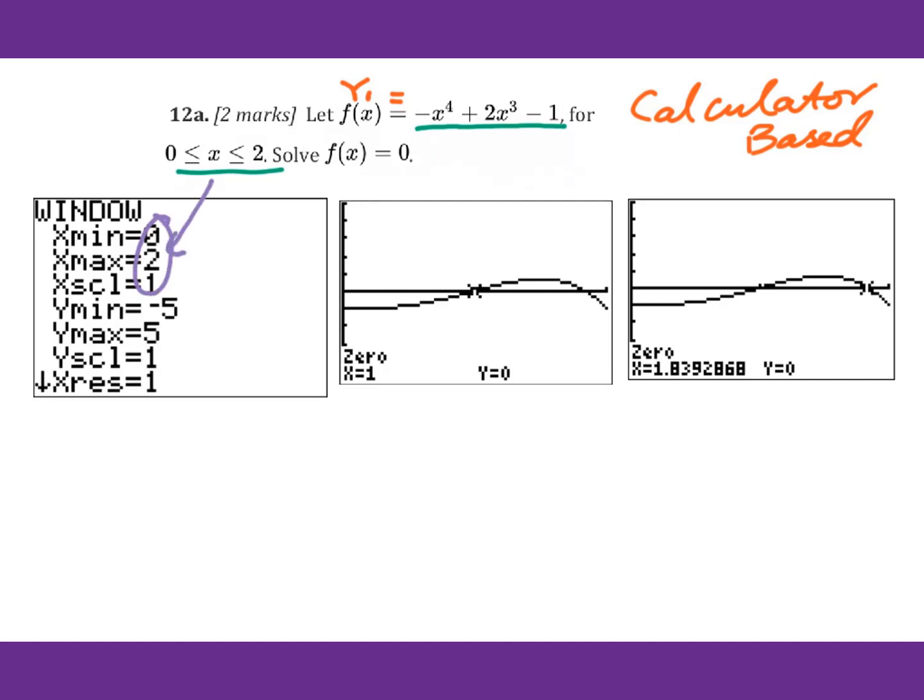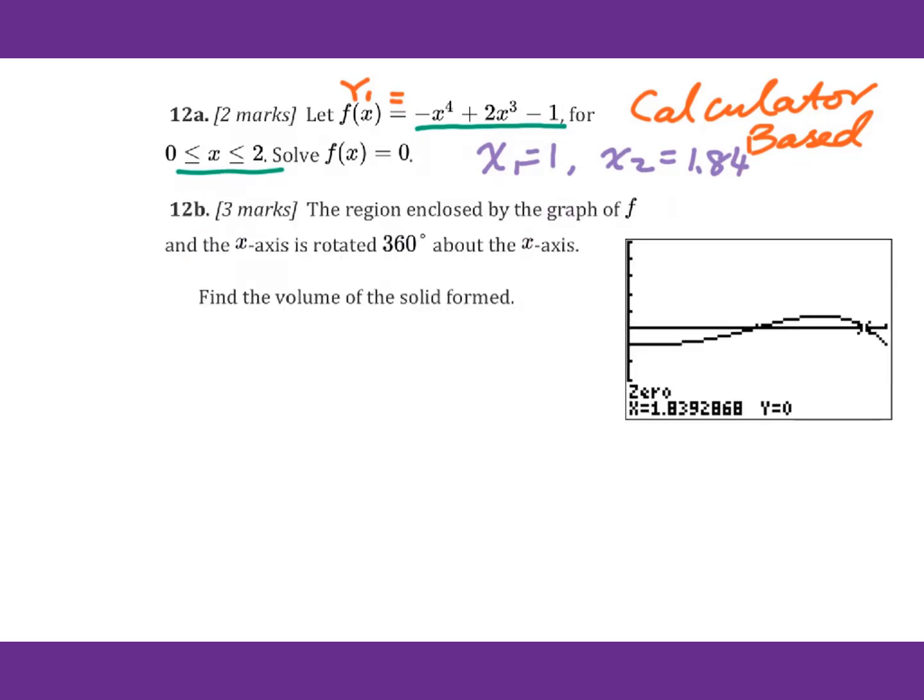For the y minimum and y maximum, I put negative 5 to 5. You will get zeros x1 equals 1 and x2 equals 1.84.